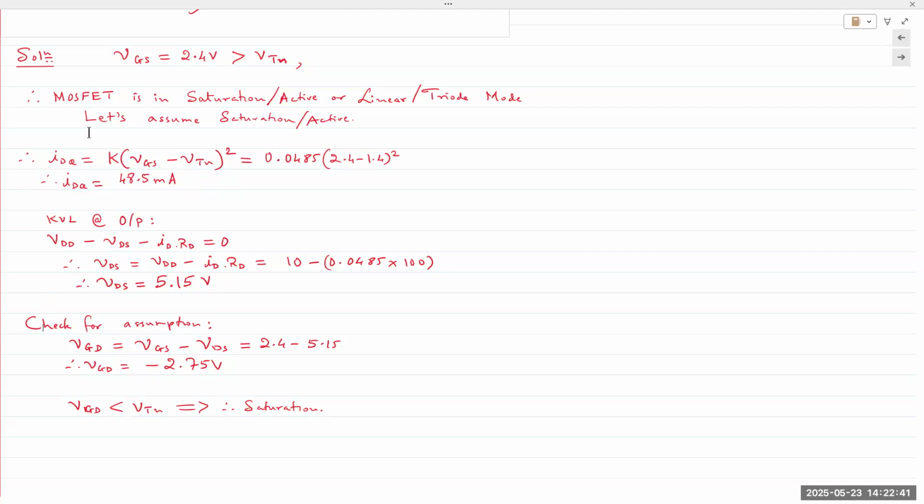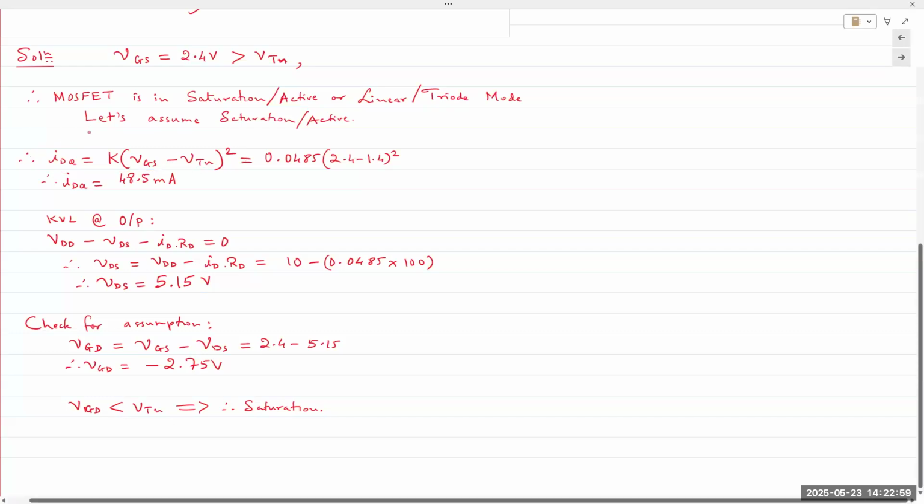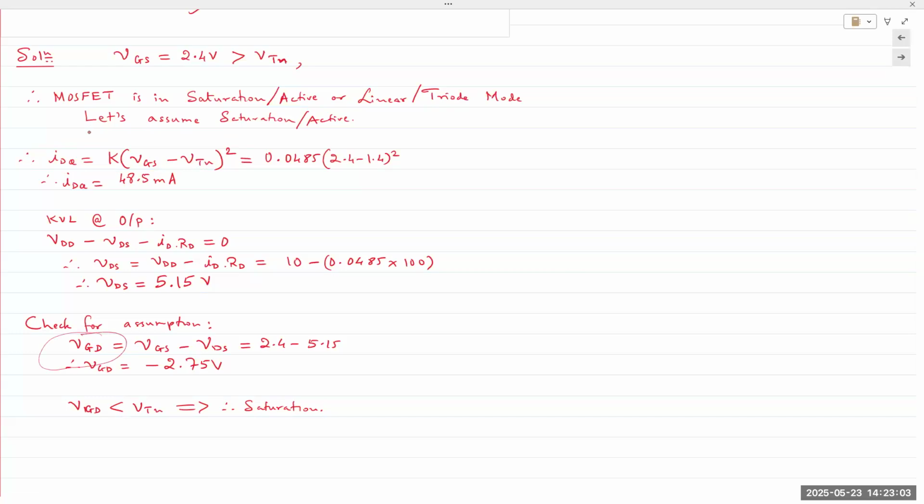Once we obtain those values, the next question is: is our assumption valid? We calculated based on the assumption that the MOSFET is in the saturation active region, and hence we used this equation. So we need to verify whether it's in saturation. We check the assumption by calculating VGD. VGD is VGS minus VDS, which gives us minus 2.75, which is less than the threshold voltage.